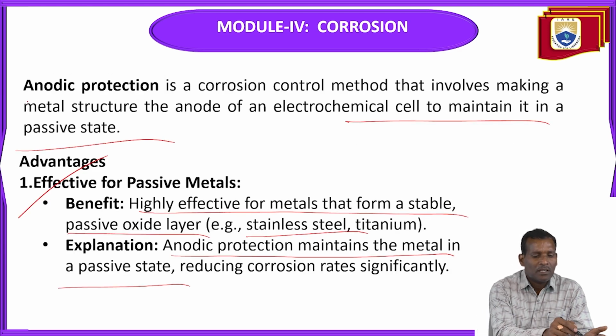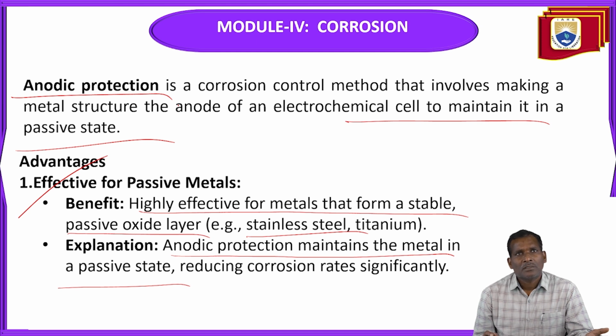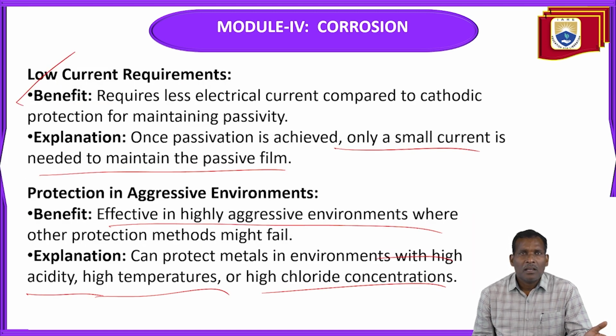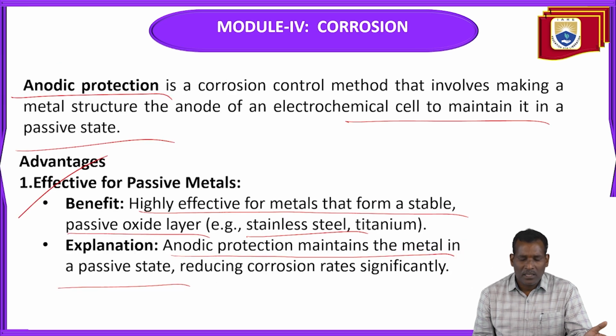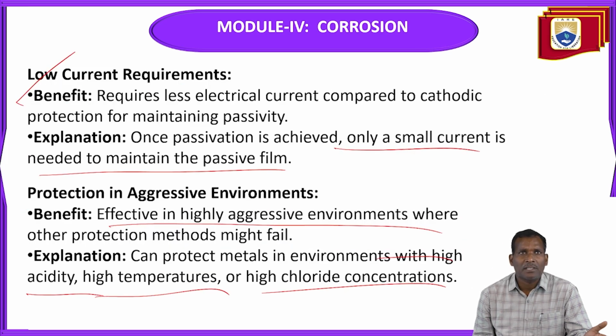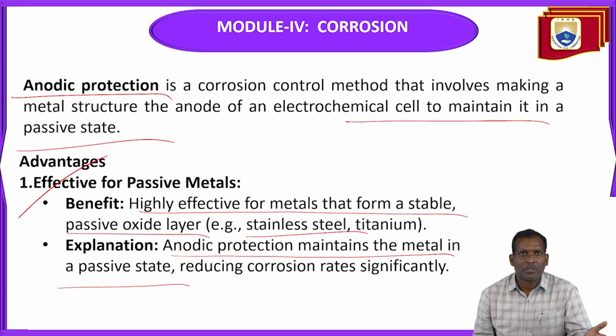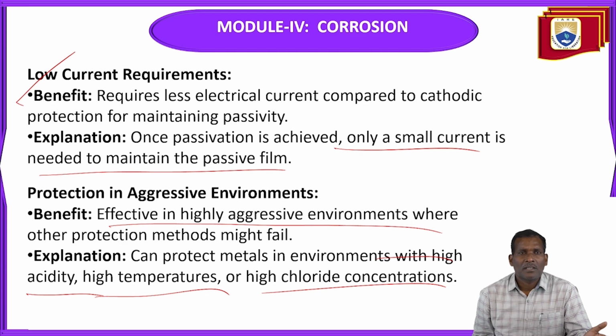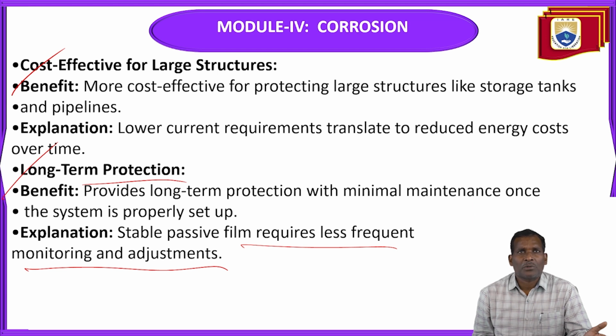Next important thing is anodic protection. So the anodic protection definition, and then this method's advantages discussed here, like effective for passive metals, low current requirements, protection in aggressive environments, cost effective for large structures, long term protection.